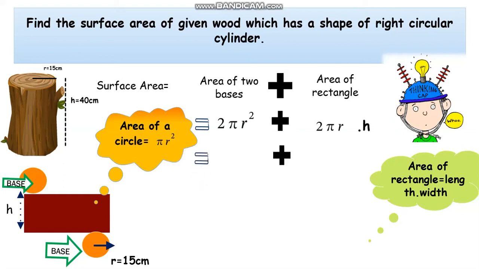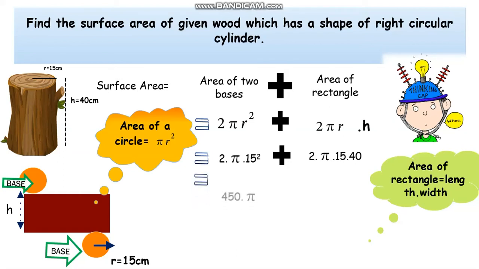So if we put in numbers for these formulas, we should write 2 times pi times, what is our radius? Yes, 15. It will be 15 squared. And it will be 2 times pi times 15 times, what is our height? Yes, it is 40.